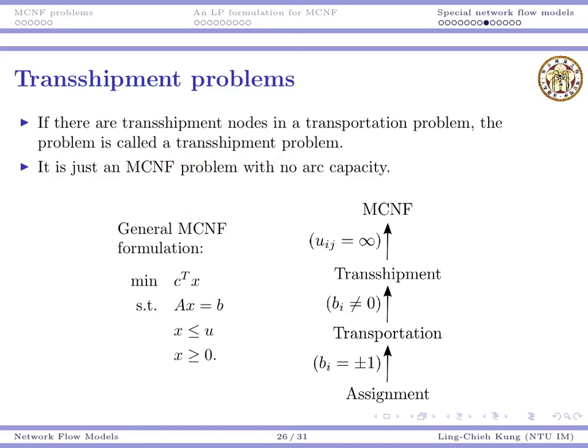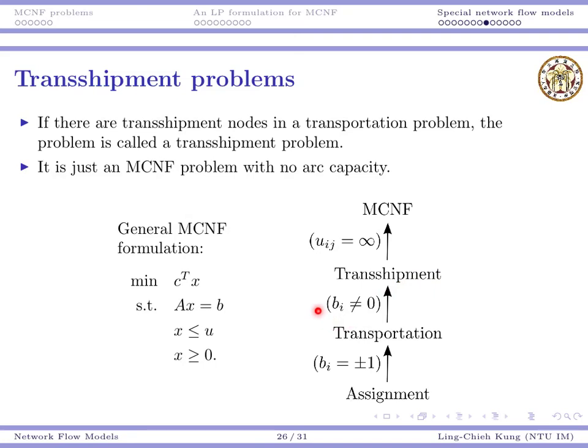So for transshipment, transportation, assignment, and MCNF, we have this hierarchy or reduction map. The general MCNF problem is here, minimizing c transpose x, subject to those flow balancing constraints, capacity constraints, and non-negativity constraints. If an MCNF problem has unlimited capacity, it becomes a transshipment problem.